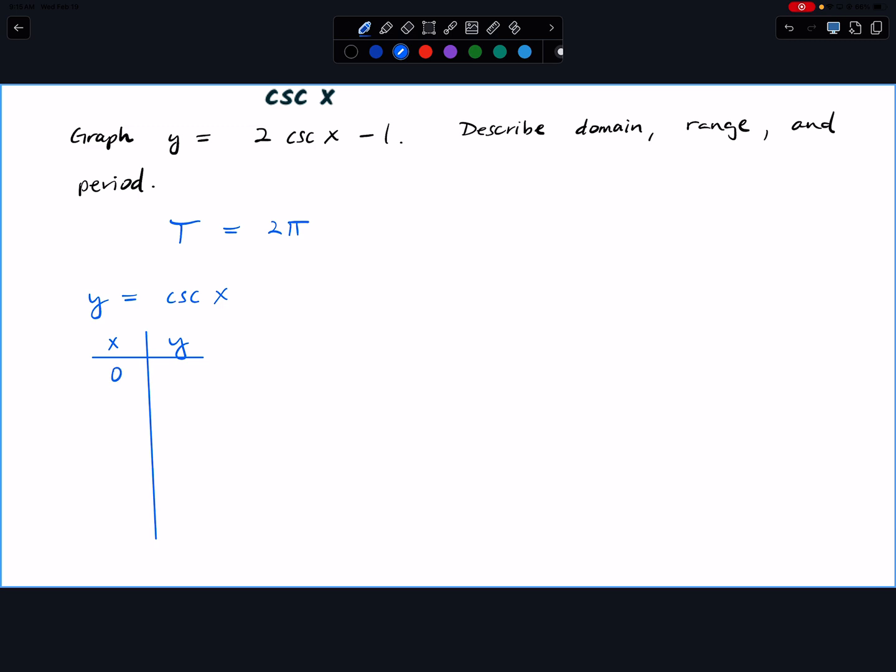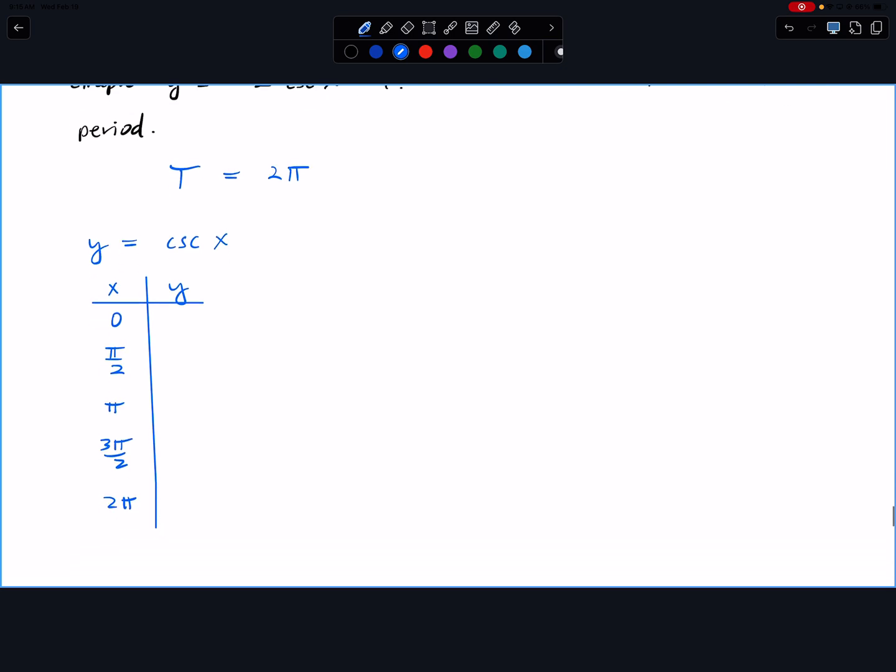So 0, pi over 2, pi, 3 pi over 2, and then 2 pi. Now, where did the cosecant graph have asymptotes? At every pi. So asymptote here, asymptote here. Oh, just kidding. Asymptote here and asymptote here.